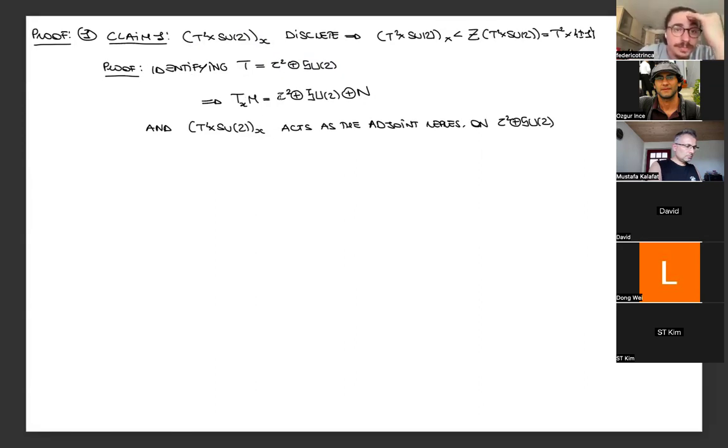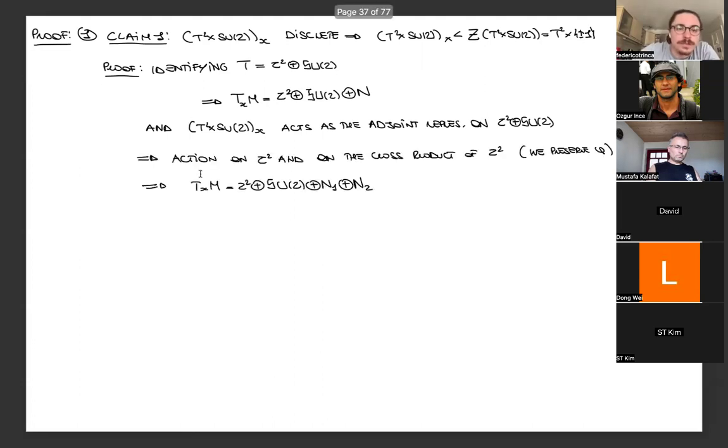So in particular, we can split the tangent space of my ambient manifold as the tangent space of the orbit plus the normal space N. And I know that T2 times SU2 acts as the adjoint representation on the first two factors. Very well. So now the action on T2 needs to be trivial because T2 is abelian, and since we preserve the G2 structure, then we also preserve the cross product of the generators of this T2.